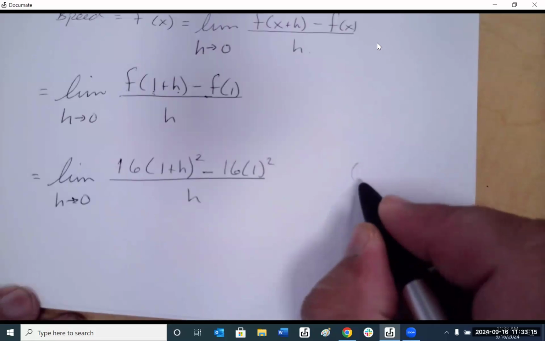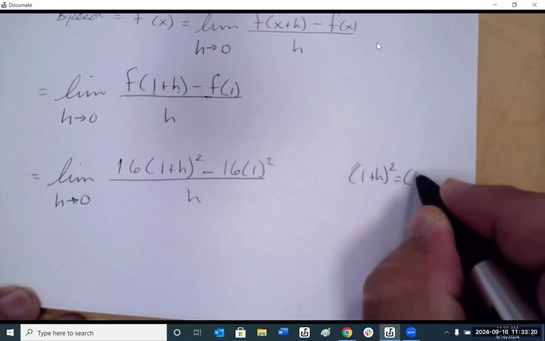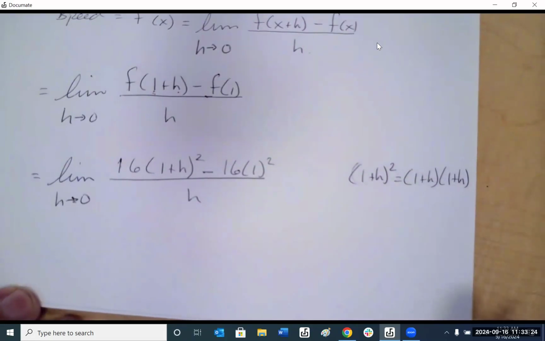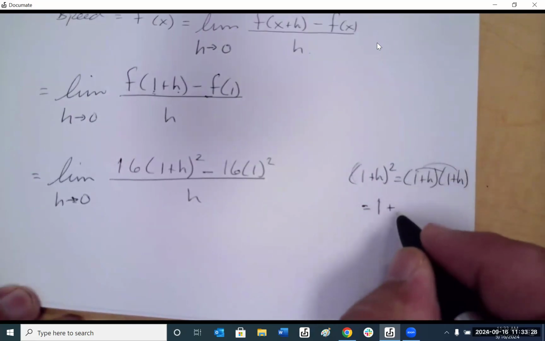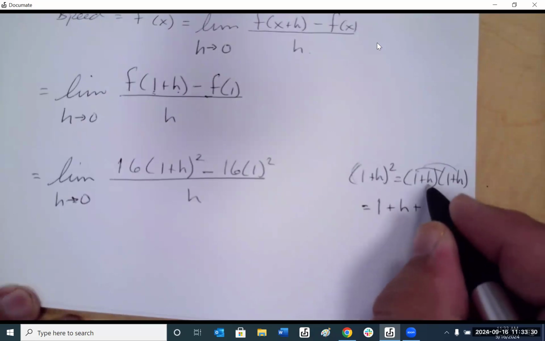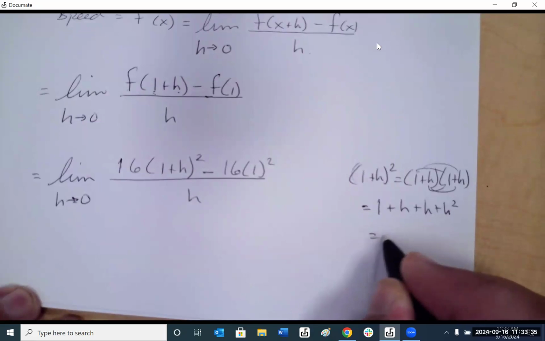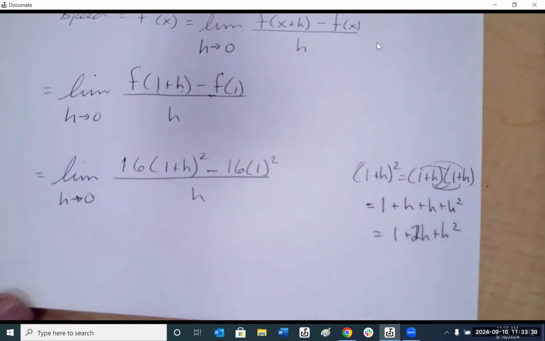We have to first do 1 plus h squared, which is 1 plus h times 1 plus h. 1 times 1, 1 times h, h times 1, h times h. So it's 1 plus 2h plus h squared.